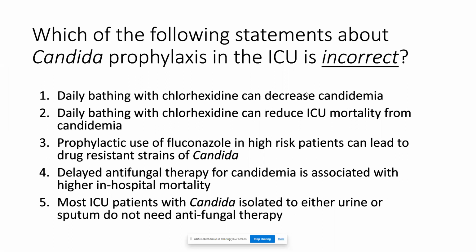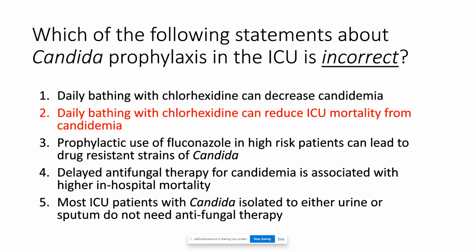So the incorrect statement is 2. Okay, that's the incorrect statement. It doesn't reduce ICU mortality from candidemia, but it can reduce candidemia. Prophylaxis does lead to resistance. So that liberal use of, oh, we just gave them some fluconazole. Great.